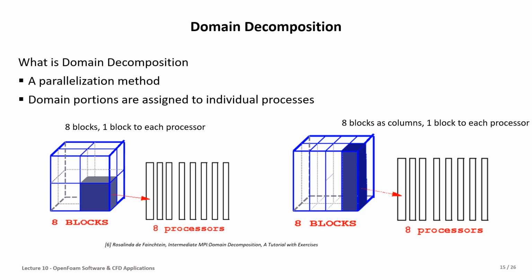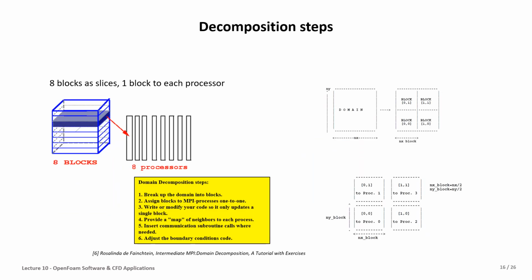This shows that the decomposition also has a relevance with the geometry of the domain, which needs to be taken into consideration. Here again we see the decomposition for the same domain using another shape of block.